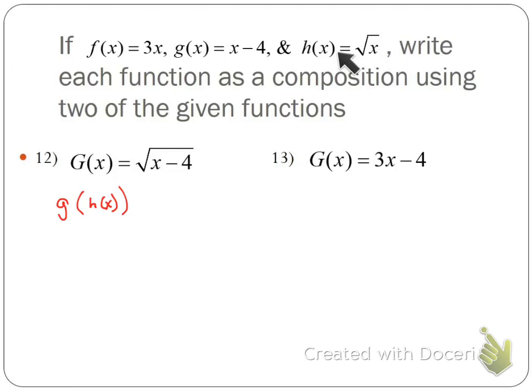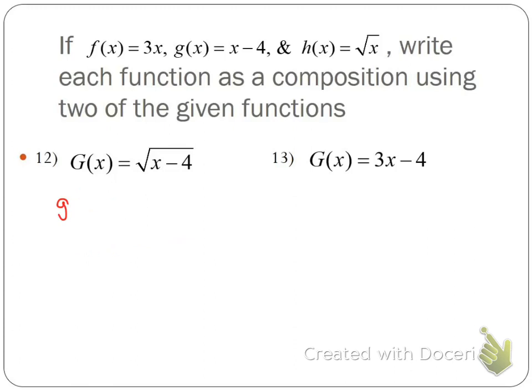What's h of x? Square root of x. So is that g of square root of x? If I plugged square root of x into g, I would get square root of x minus 4. And that's not this, is it? So that's not the answer.